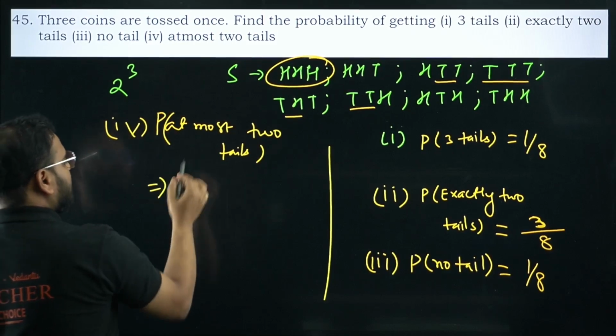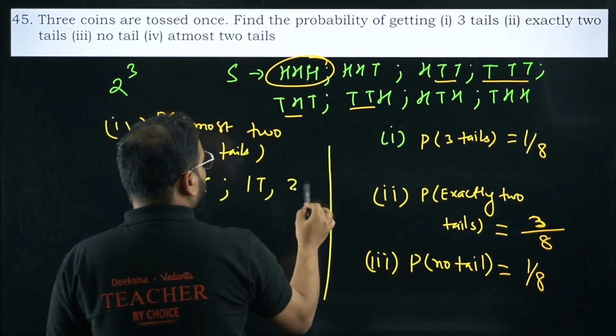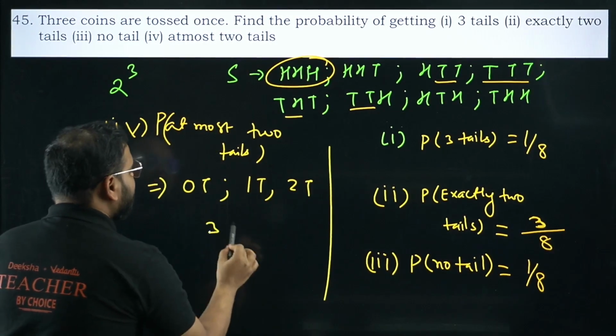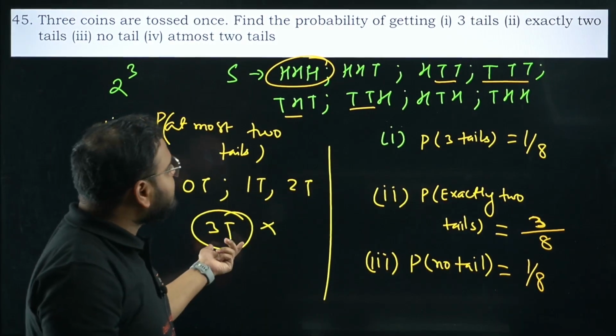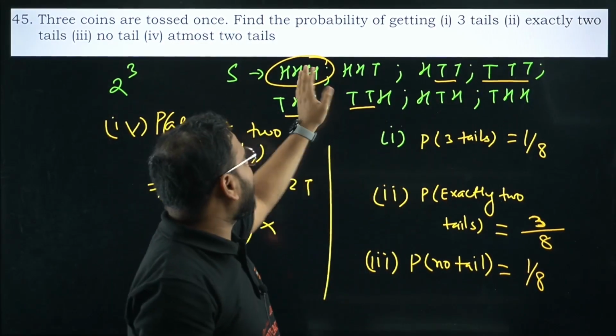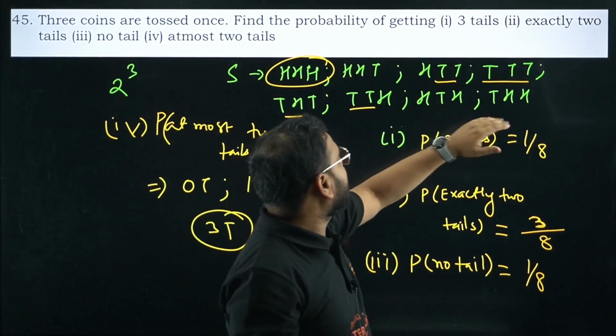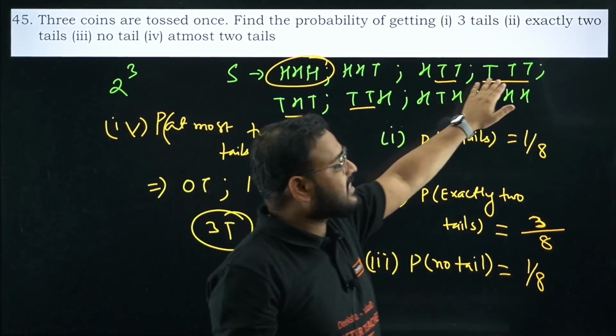At most means, bacha, it can have 0 tail, 1 tail, or 2 tails, but you can't have 3 tails, right? So let's look for the number of 3 tails. Where is that? Only one case where there are 3 tails, except for that we have 0 tail, 1 tail, 2 tail.